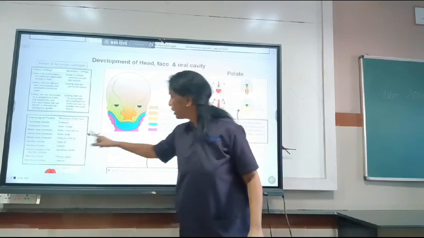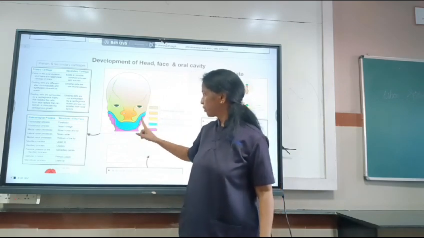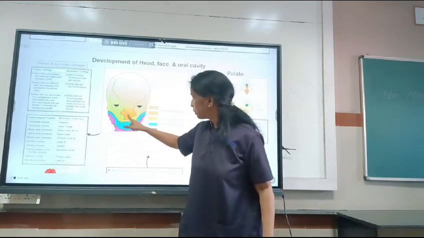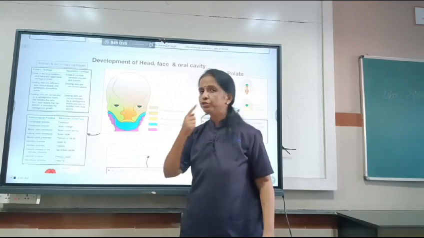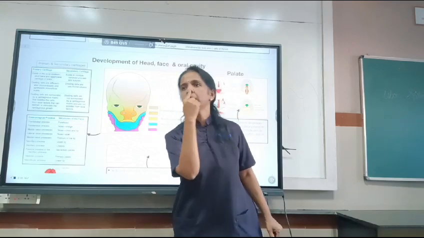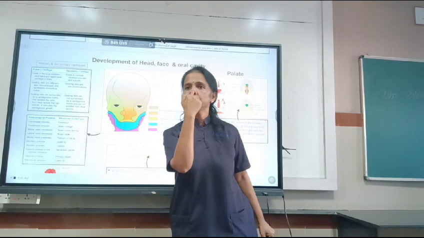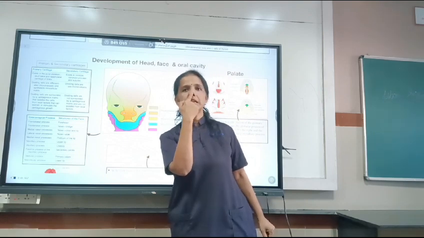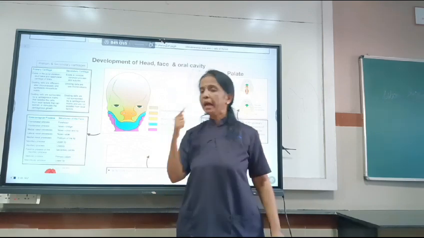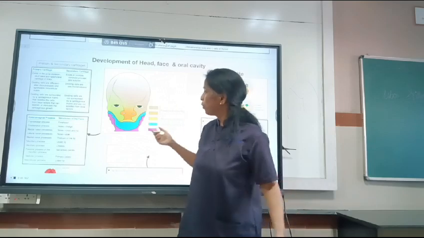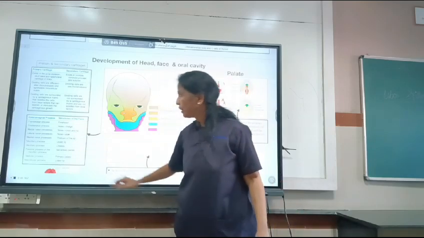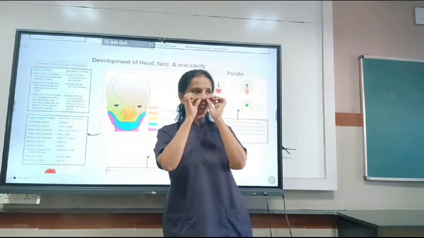And then we have the medial nasal process, which is this center part, which goes into the crest formation. Which is the crest? This is the topmost part, the crest, or the tip, however you want to call it. And then we have the lateral nasal process.